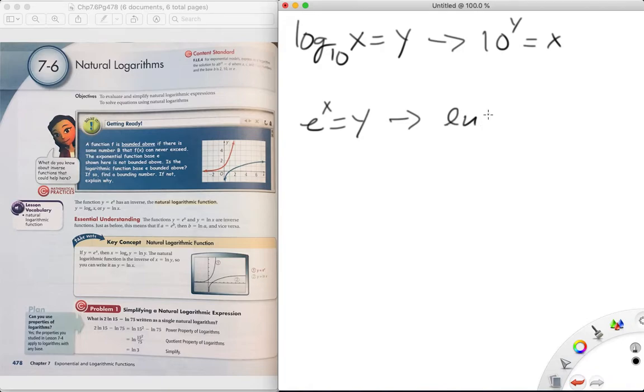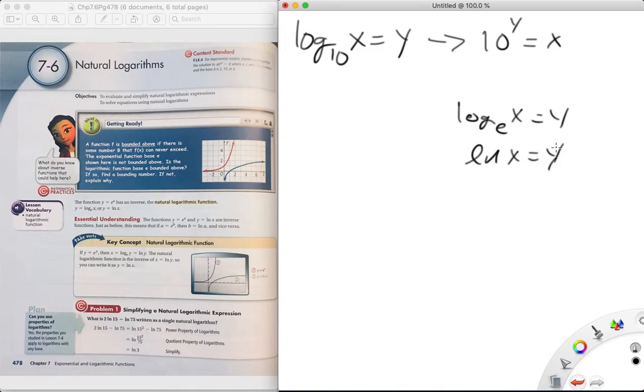We would say ln of y equals x. ln is a way of doing natural log. So log base e of x equals y. Instead of saying log base e, we say ln for a natural log. So natural log of x equals y.